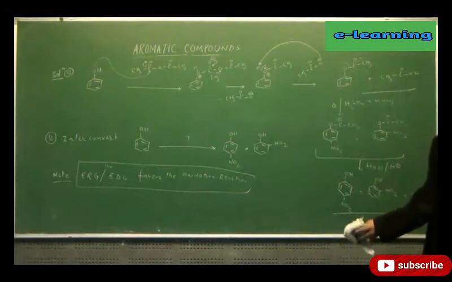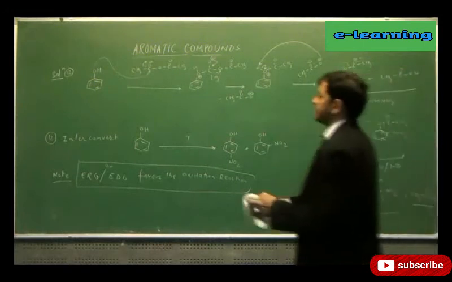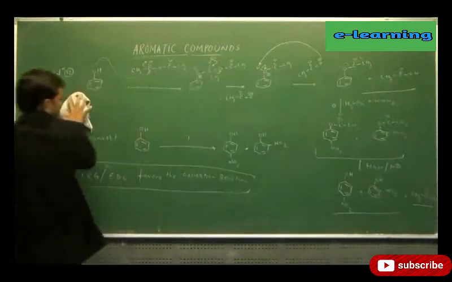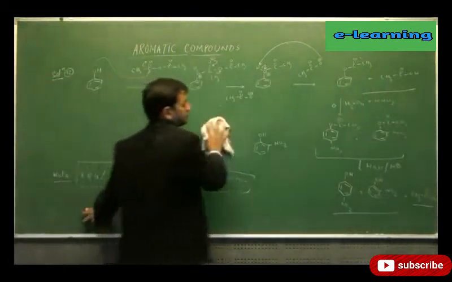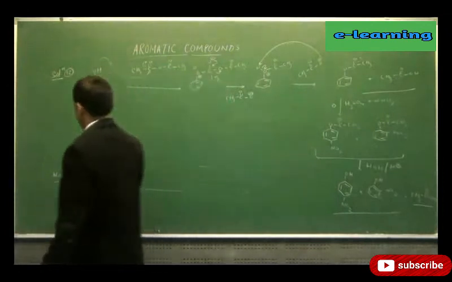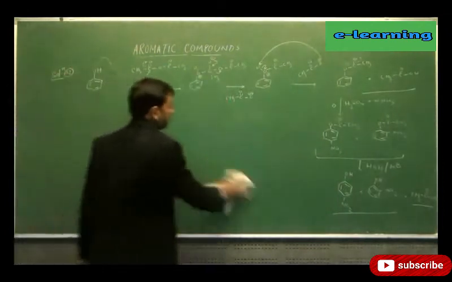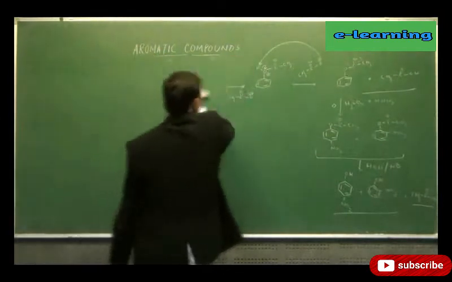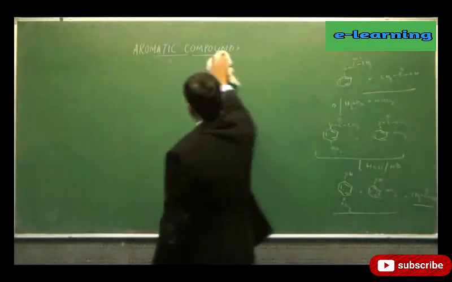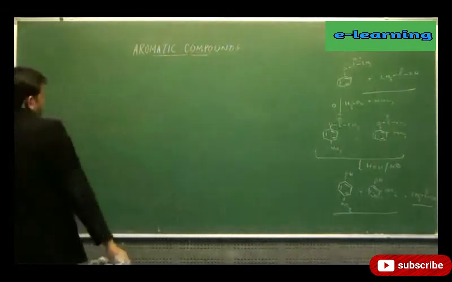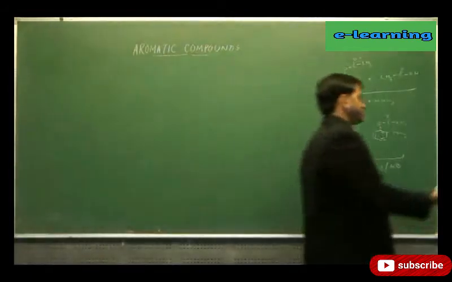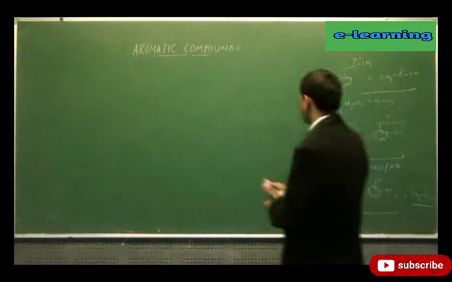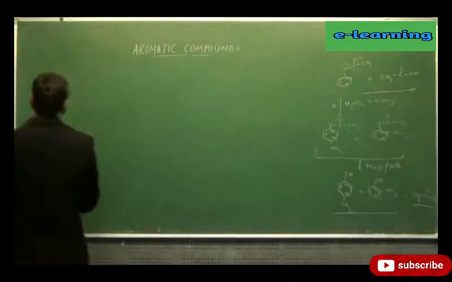Similarly, if you want to interconvert aniline into ortho-para nitroaniline, if direct nitration is done, then it gives meta product, because the NH2 group converts to NH3 plus.